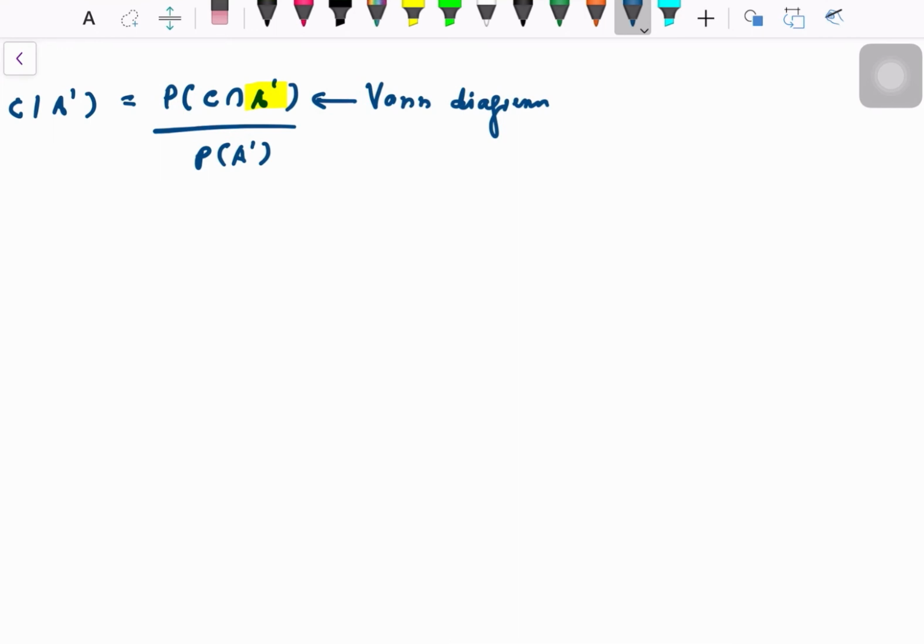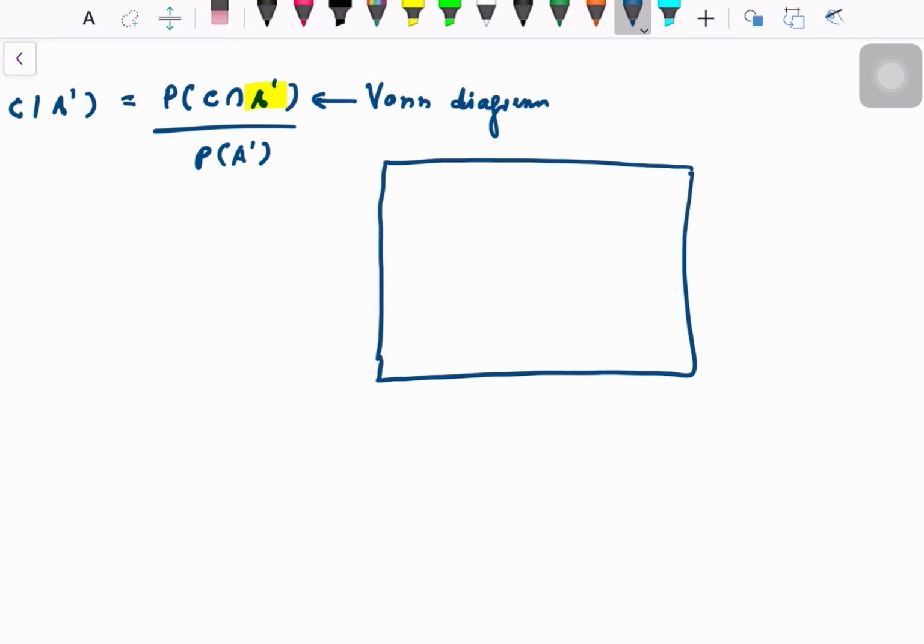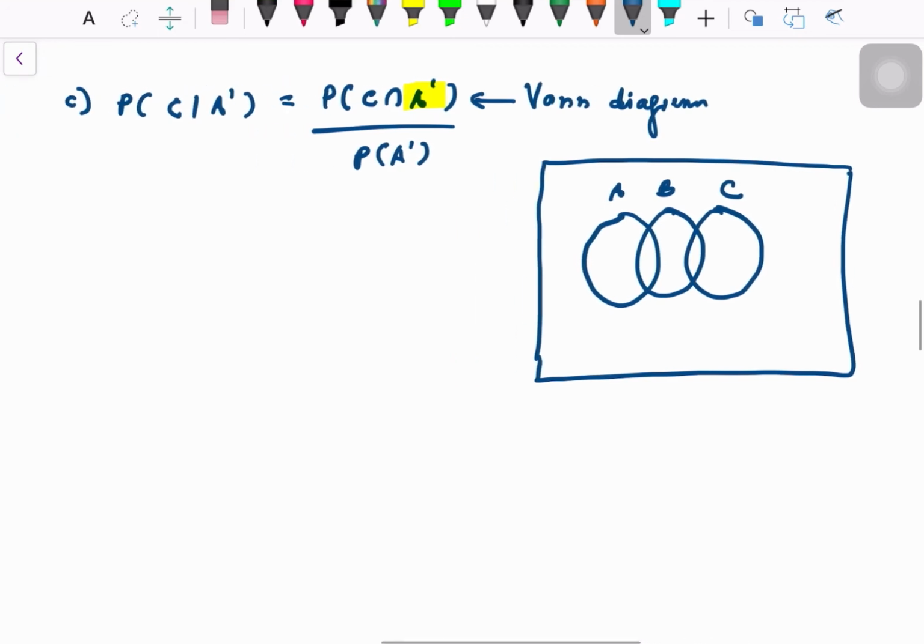So let me draw a Venn diagram first. Let's suppose that we have these three events A, B, and C, and we know that A and B are independent of each other.